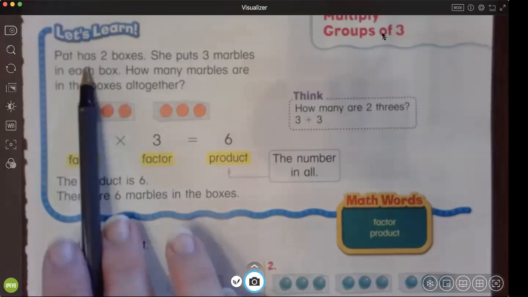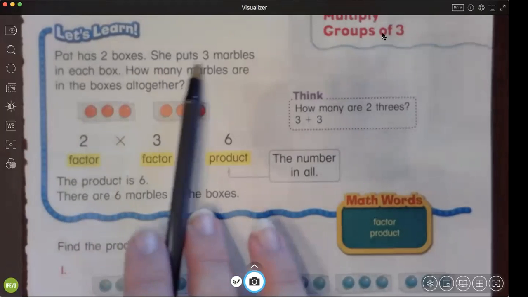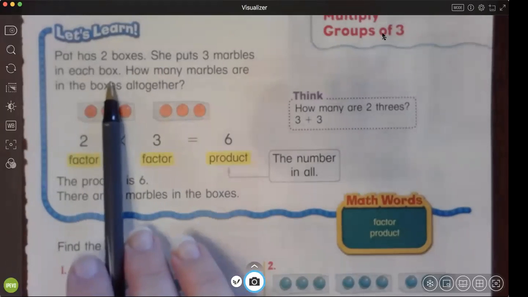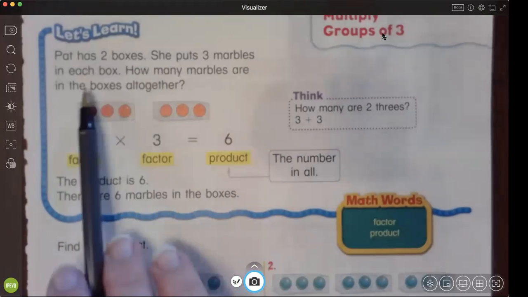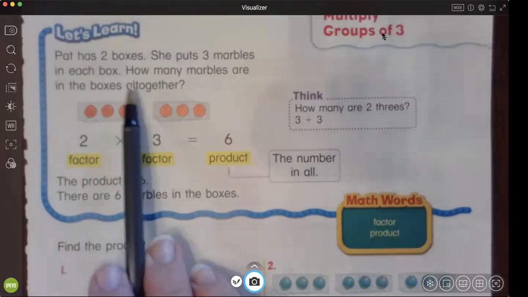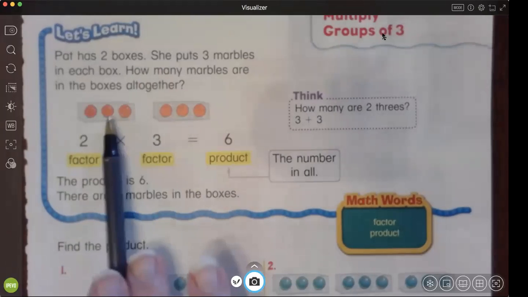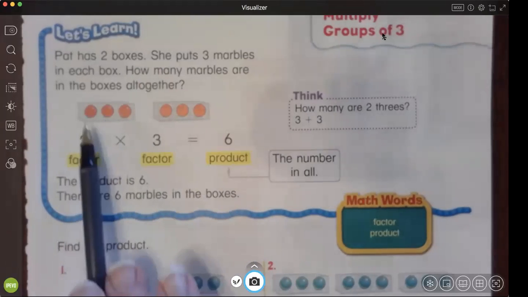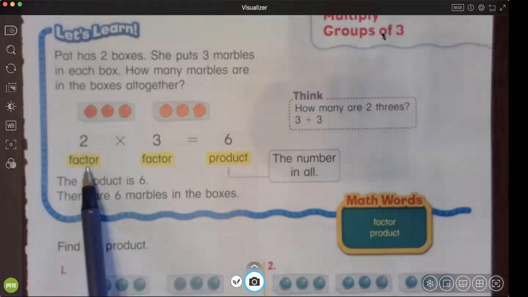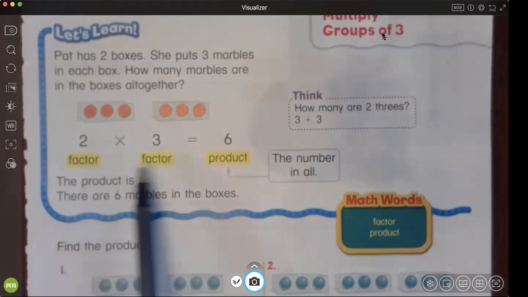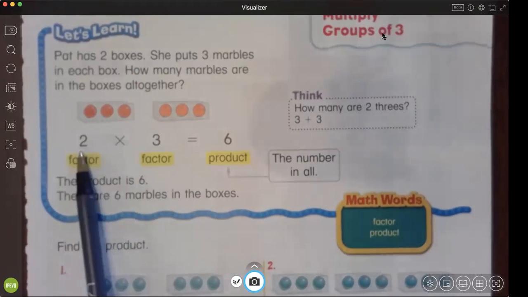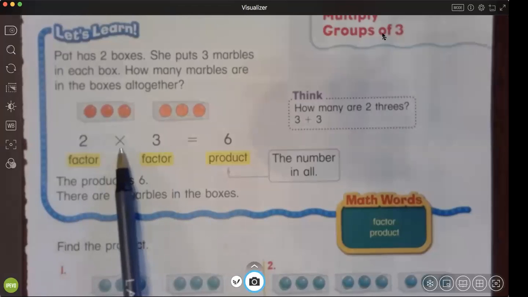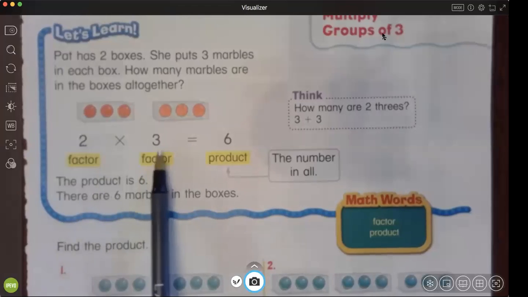So Pat has 2 boxes. She puts 3 marbles in each box. How many marbles are in the boxes all together? So we have 2 boxes of 3. So remember, the factors are the numbers that we're multiplying. So 2 times or multiplied by 3 equals 6.